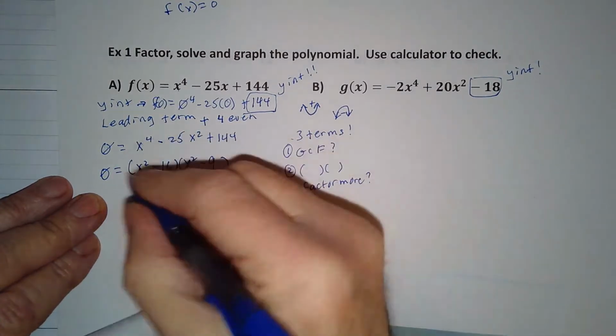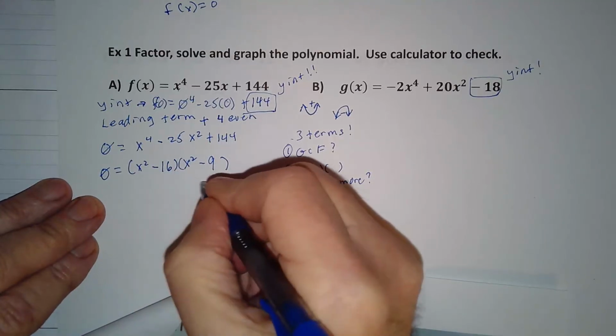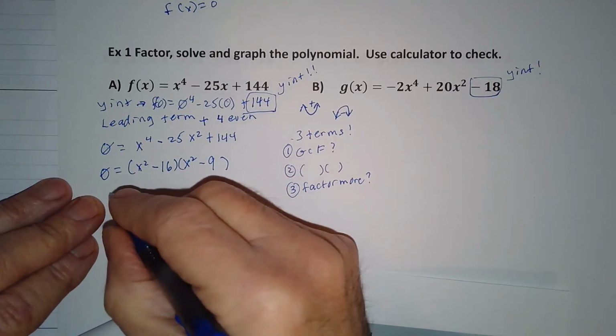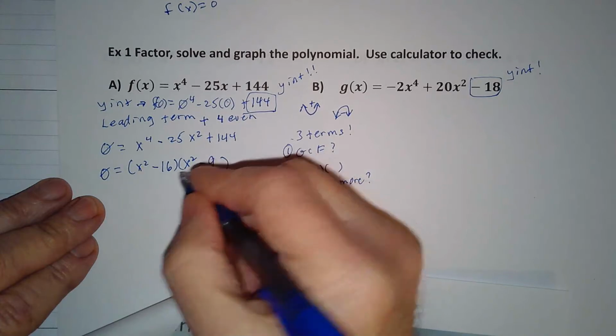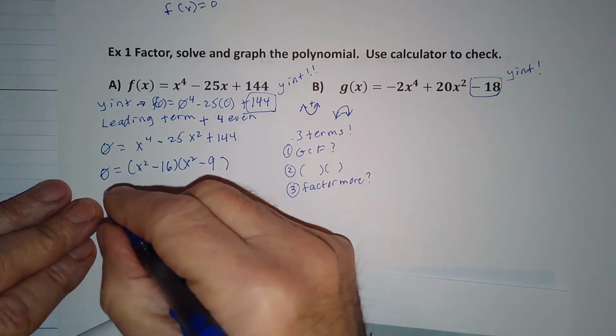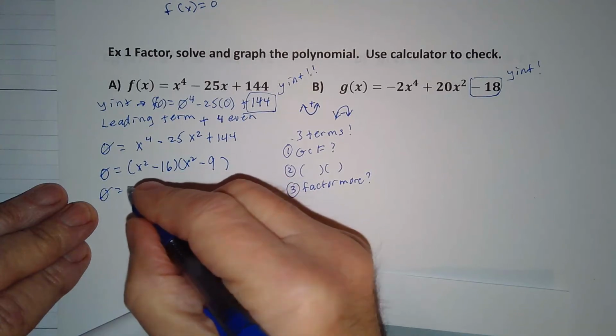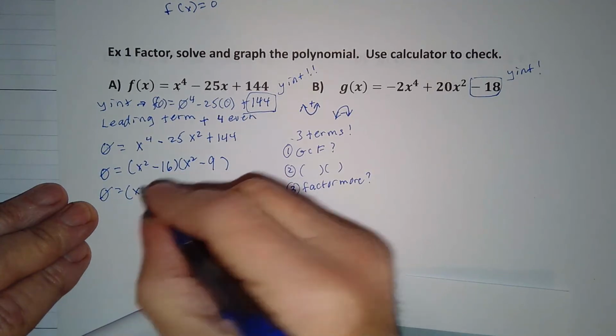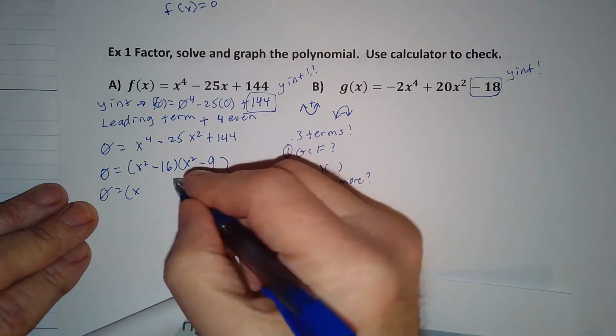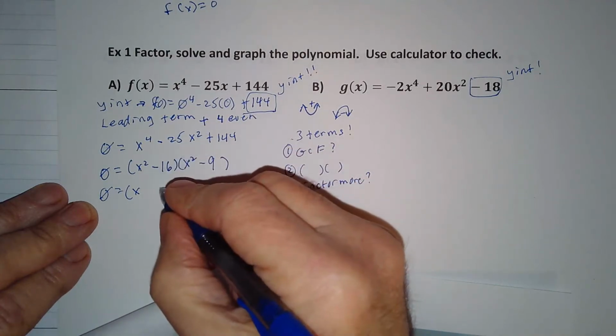And the answer is yes here. So we will do that, we factor more. So we get, in this case, 0 equals x to the 4. Well, let's see. Let's do it this way.